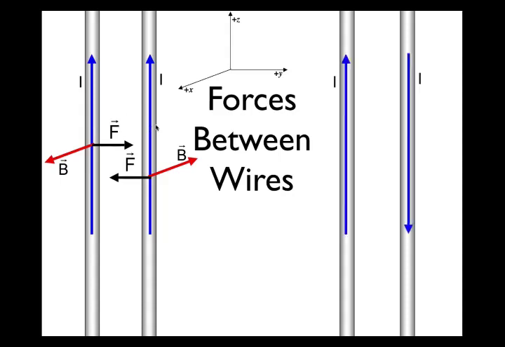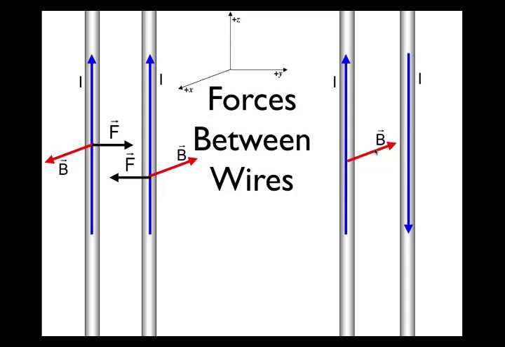The sum of this is that the two wires with current moving in the same direction exert attractive forces on one another. Let's think about the other possibility, that the wires carry currents in the opposite direction. Well, the magnetic field at the location of the left-hand wire due to the right-hand wire will now be into the screen.